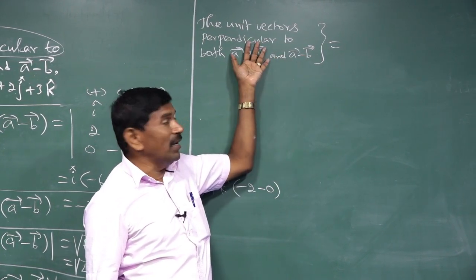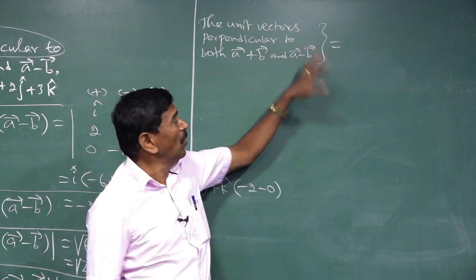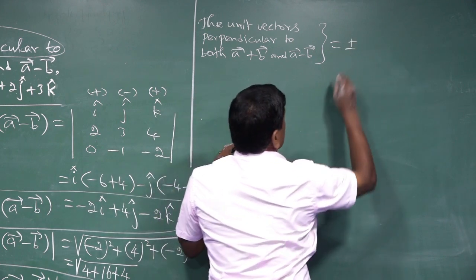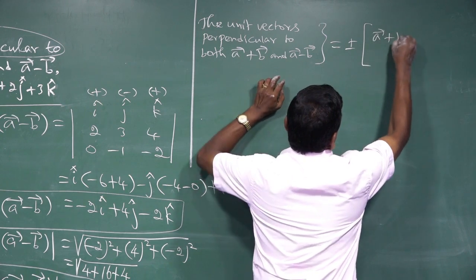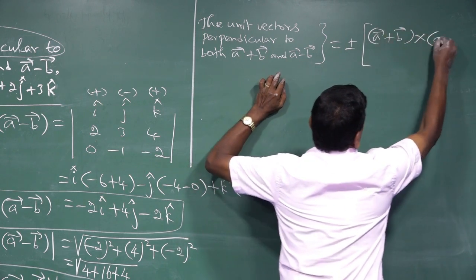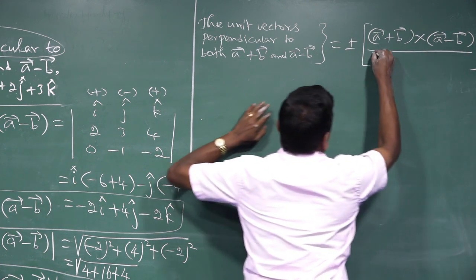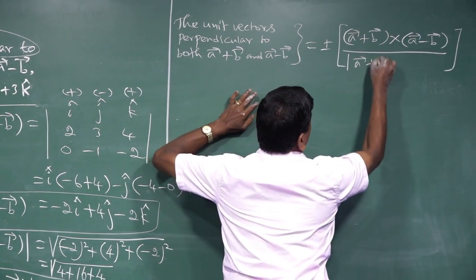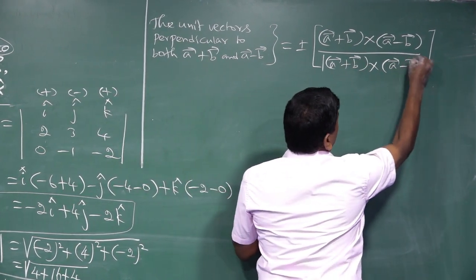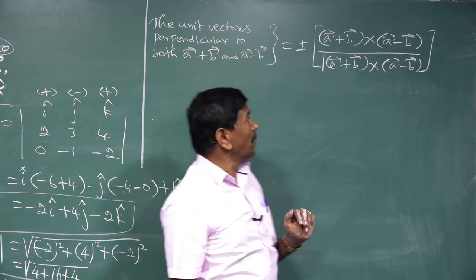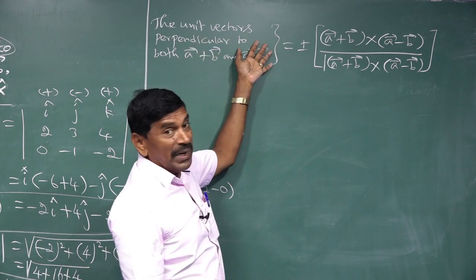Here, instead of a vector, the first one is a vector plus b vector, and the second one acts as a vector minus b vector.